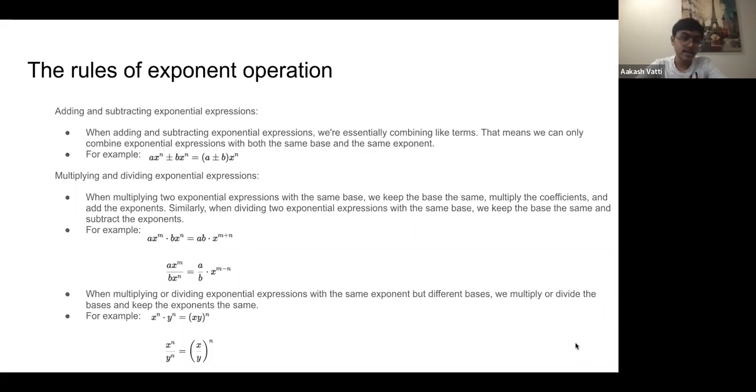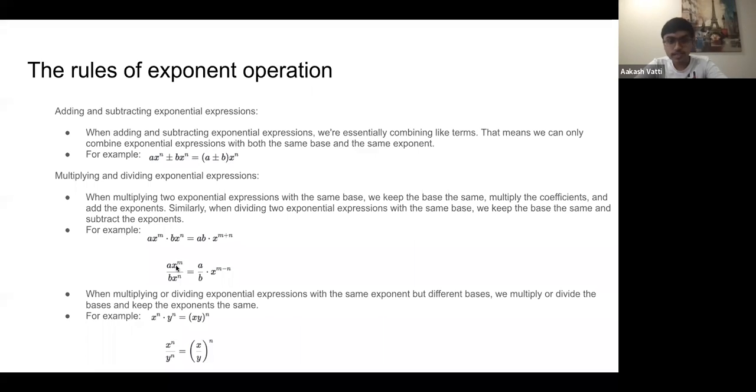You do a times b times x to the m plus n. In this case, it could be 3x^5 times 4x^6. So you do 3 times 4 times x, and then add the exponents.